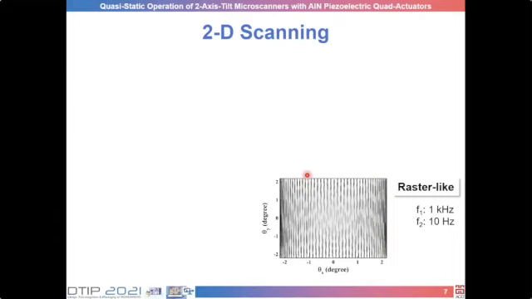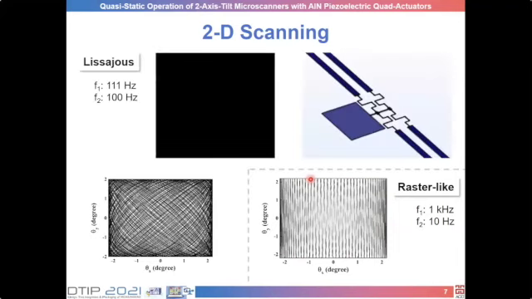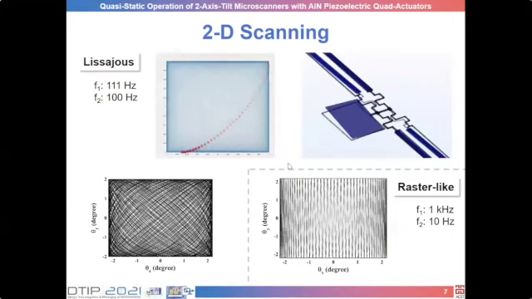So one can say that the distribution of the scanning is not even. To solve this issue, a Lissajous scan mode can be used. Here, as you can see, those two frequencies are close to each other. And one can use this Lissajous scanning to have a more well-distributed scanning pattern.